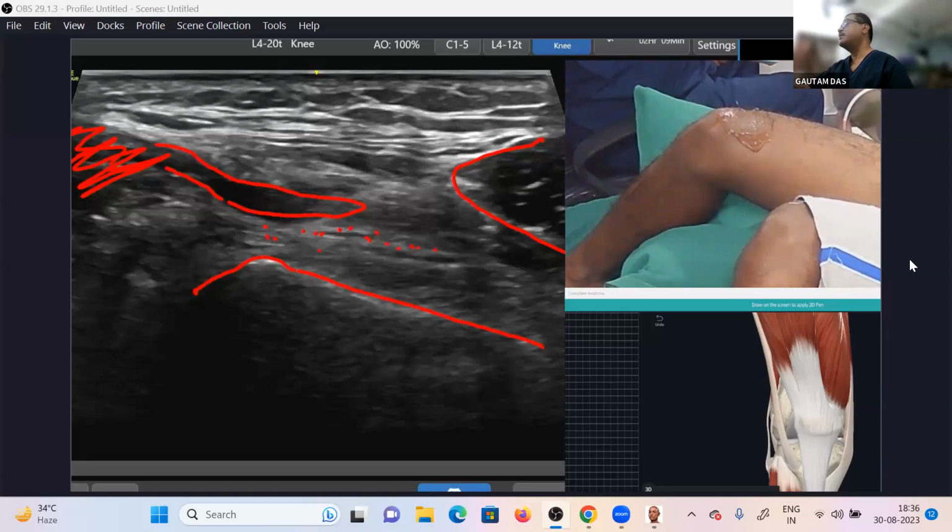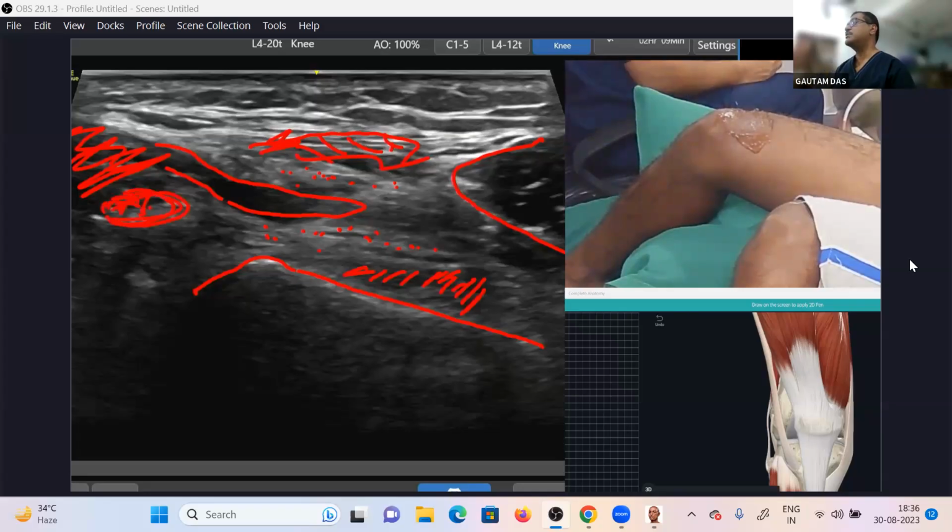Always remember that. So this was the prefemoral fat pad, and this muscle is your articularis genu. This was your prefemoral fat pad, and this is the quadriceps tendon. Here is another very important structure to remember. This hyperechoic area is your iliotibial band.